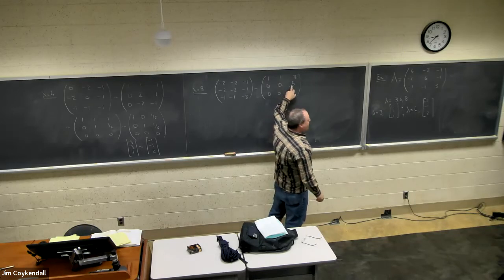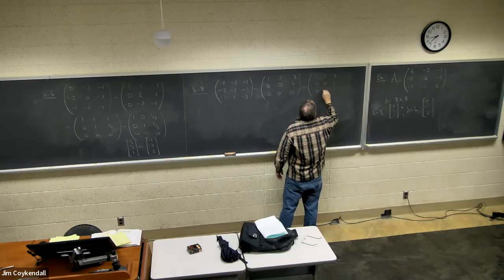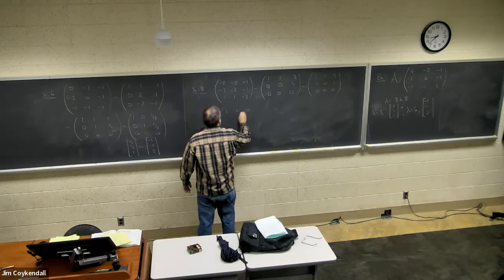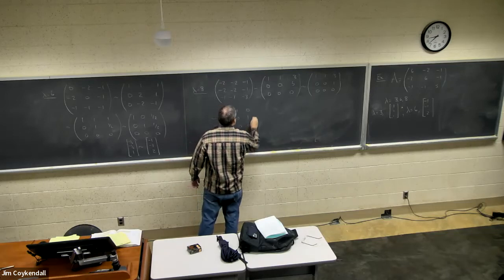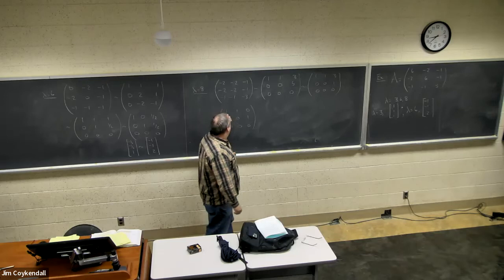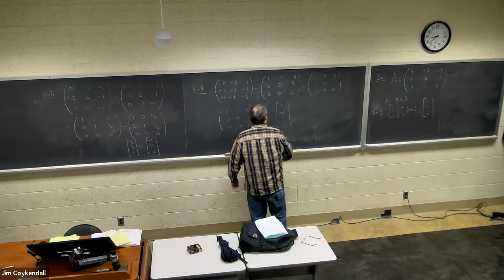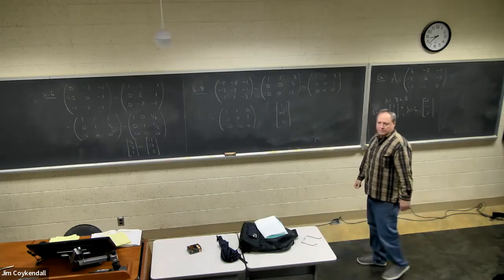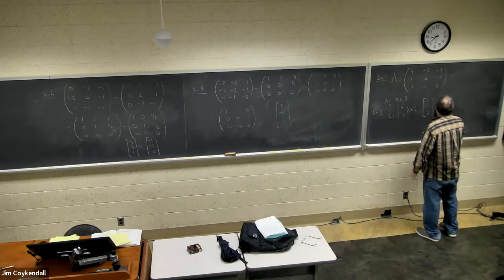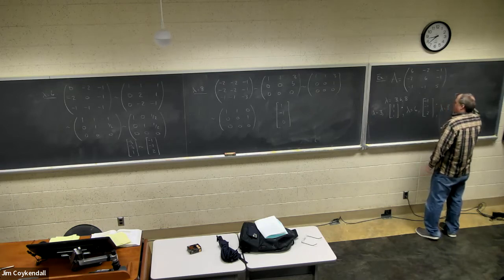Notice I can divide out by that 5, that's very convenient. And then I can take that 3 out. Notice this means that x3 is 0, and x1 and x2 vary in sign. And so lambda equals 8, I get the vector 1, -1, 0.